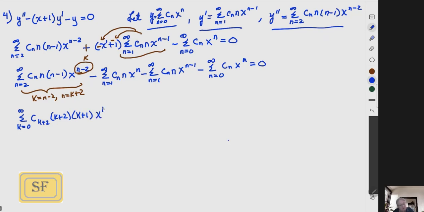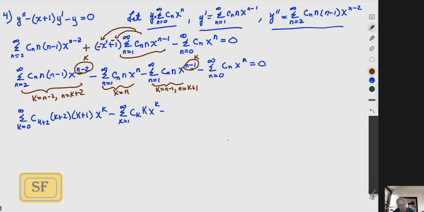On the second summation, we're just going to replace n with k. So I get minus the sum, k goes from 1 to infinity, c sub k times k x to the k. On my third summation, we want k to equal n minus 1. So n is going to be k plus 1.